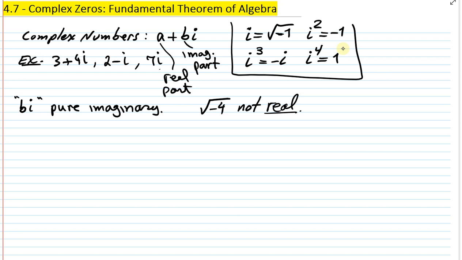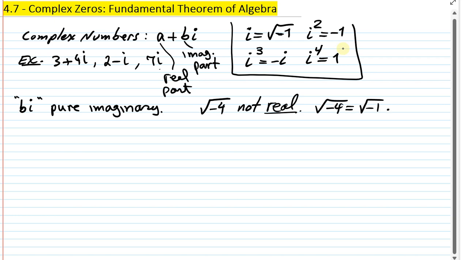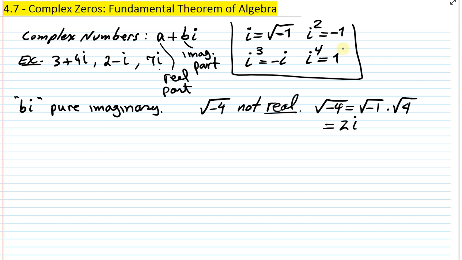So I can write square root of -4 as square root of -1 times square root of 4. Well, square root of 4 is 2, square root of -1 is i, and we can write that as 2i. That doesn't make square root of -4 real, but we can write it in an alternate form.